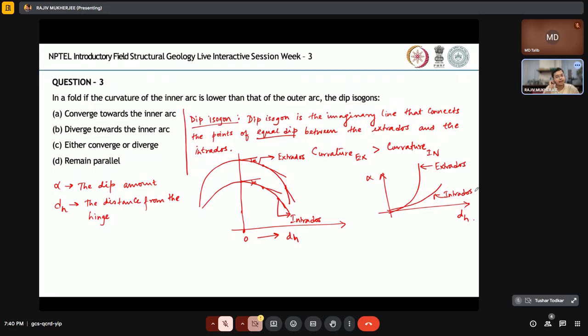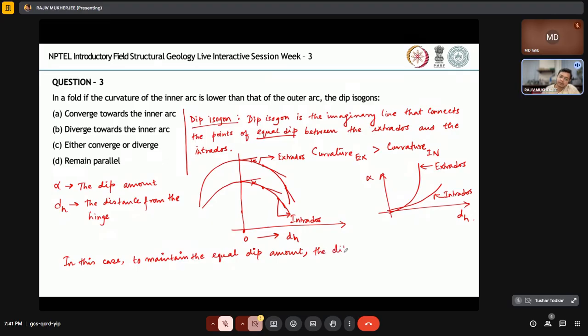Right, so if this is the case, therefore to maintain the equal dip amount, the dip isogon has to diverge.